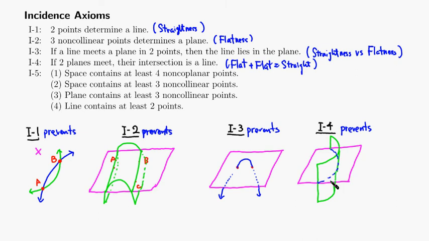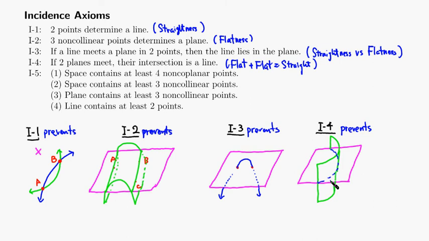So I4 gives you that when 2 flat objects meet, the result is a straight object. We see that from Euclidean geometry. So I1 through I4 give how the line is supposed to behave, how the plane is supposed to behave, and also how a line and plane are supposed to interact with each other.